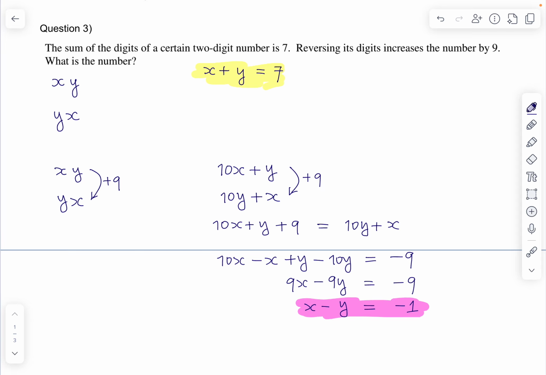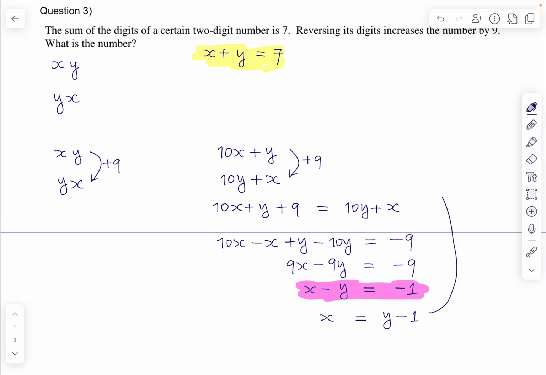You can do it in many ways, of course, but in this case, we can try and use substitution. Why not, right? The pink equation, if I rearrange, I will have x equals, adding y to both sides, y minus 1. So we are going to substitute this into the first equation. We substitute x by y minus 1, so y minus 1 plus y equals 7.